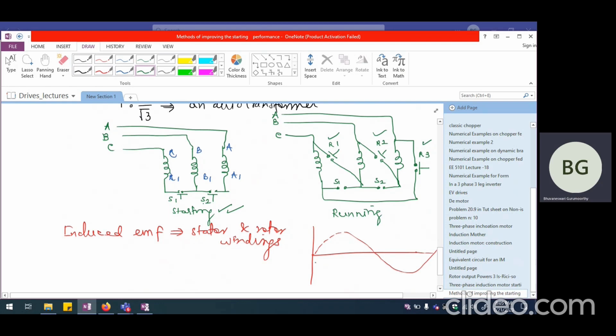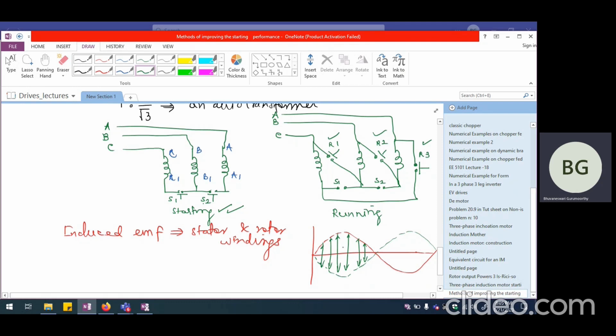By chance, when we close the switch, the applied voltage happens to be exactly in phase opposition. Then what is going to happen is huge amount of voltage will come up across the stator winding itself. And that can actually cause a huge amount of current to be flowing through the induction motor winding, which can be detrimental to the induction motor itself.